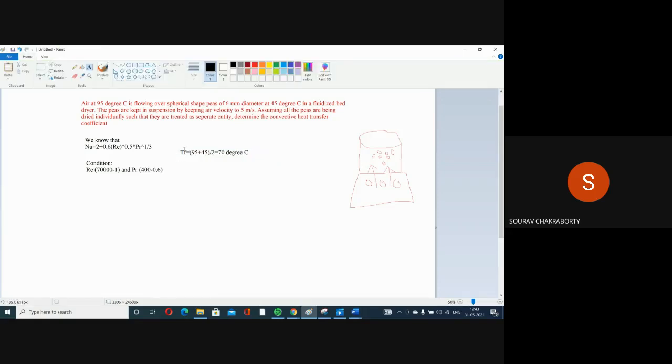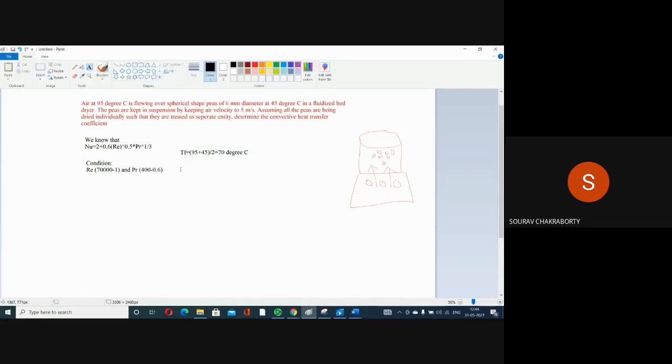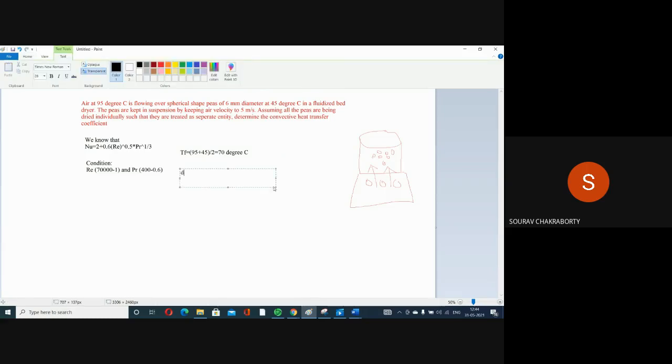So on the basis of this bulk fluid temperature, from the standard chart, we can get some of the values. We can get the value of density, which we have obtained as 1.0345 kg per meter cube.